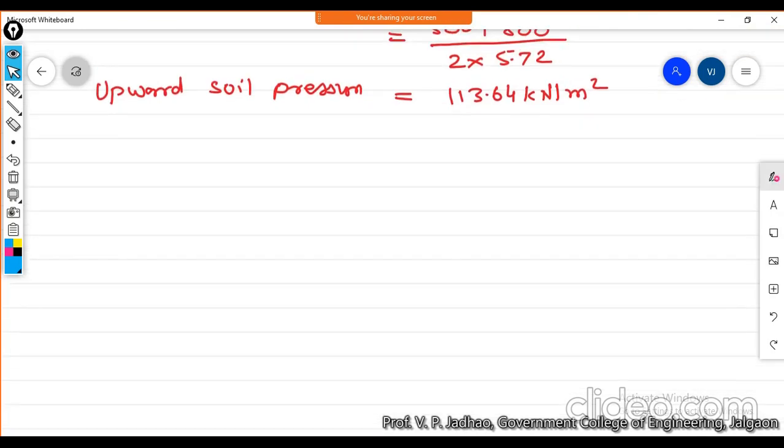So we have calculated the upward soil pressure. Now we have to calculate the factored soil pressure.